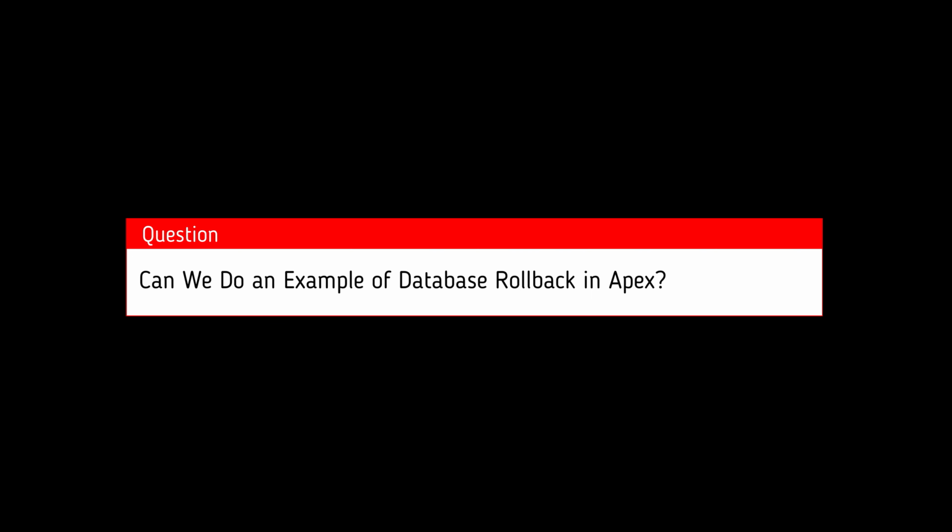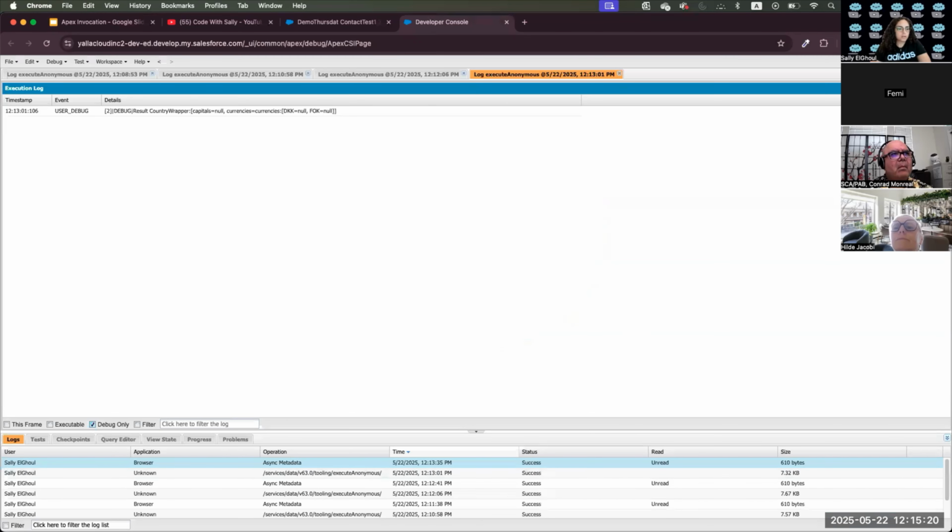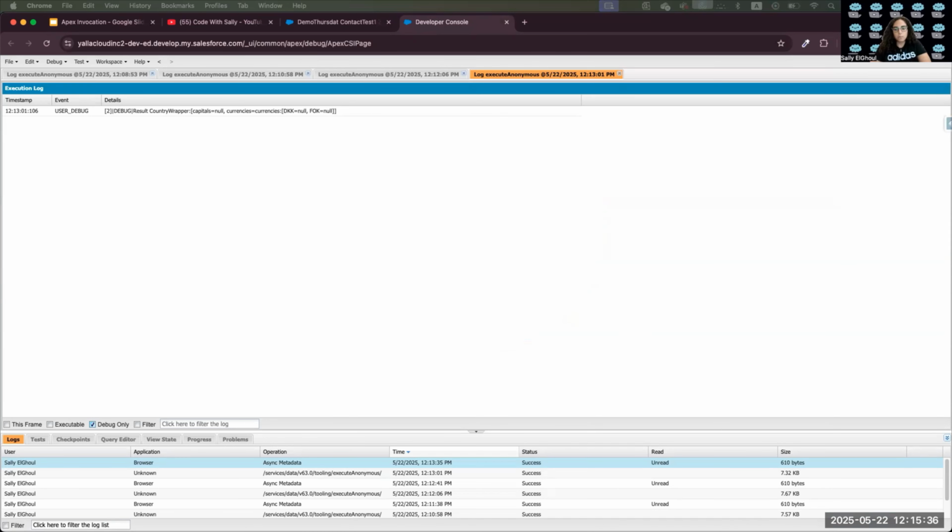Okay, there is a question here if we can do an example of a database rollback. Let's try to do it together in developer console. For anyone who doesn't know database rollback, it is mainly when you want to have multiple records either to be created or inserted together.